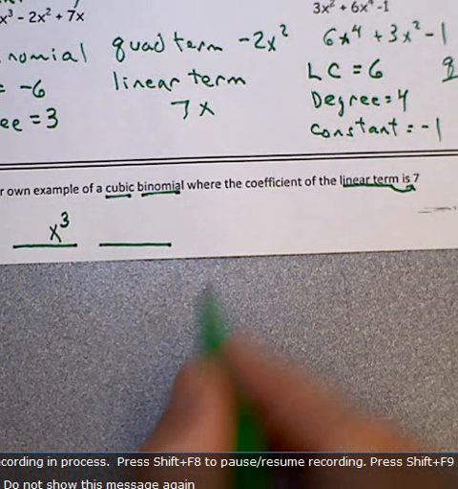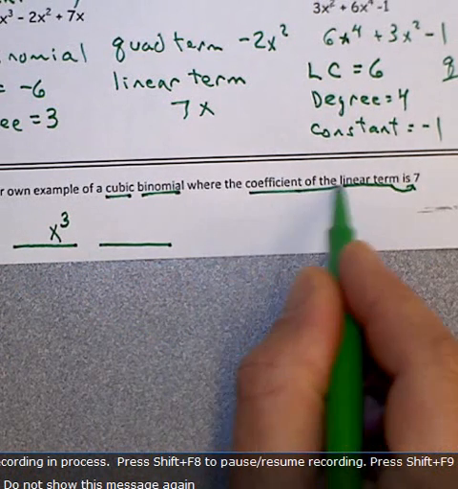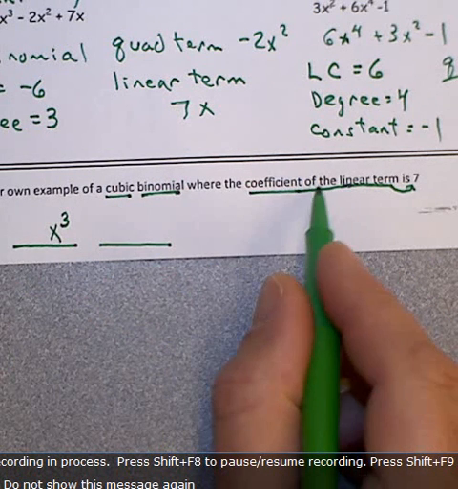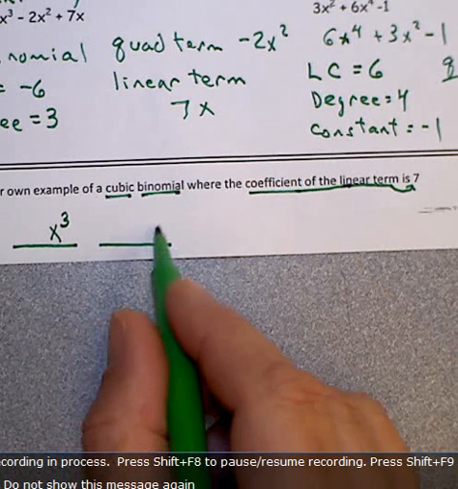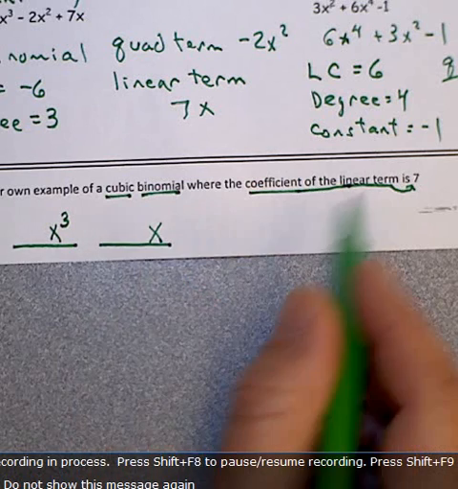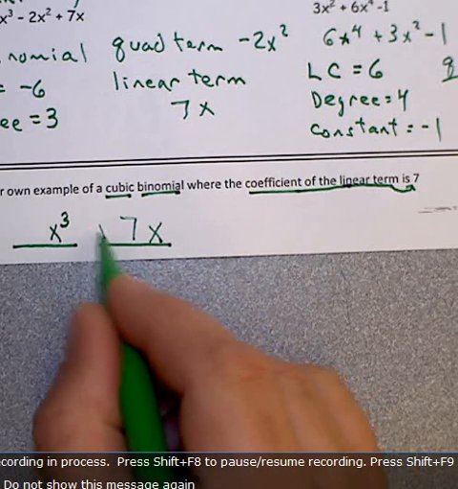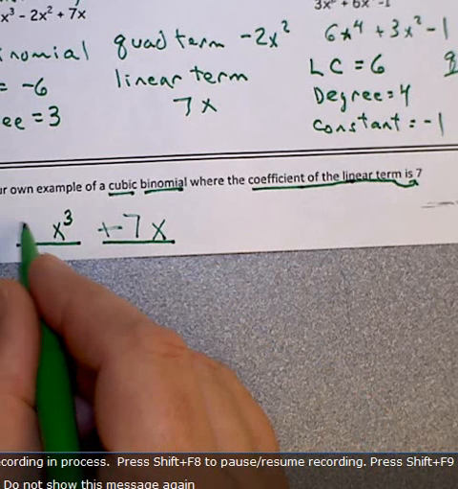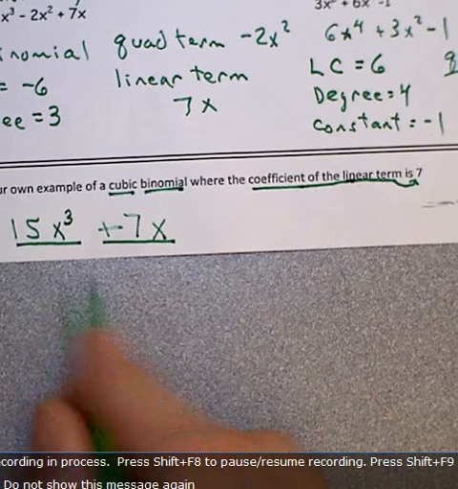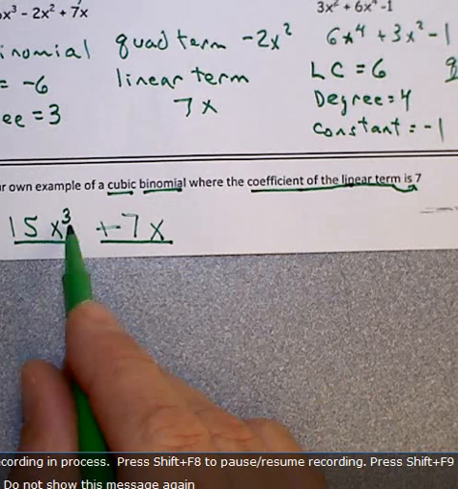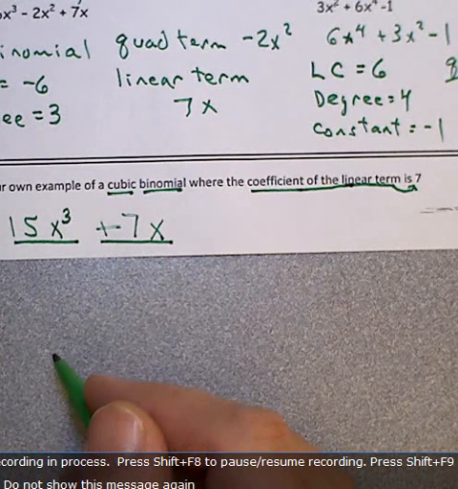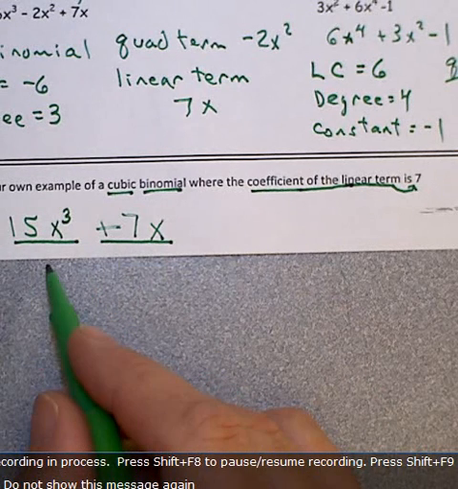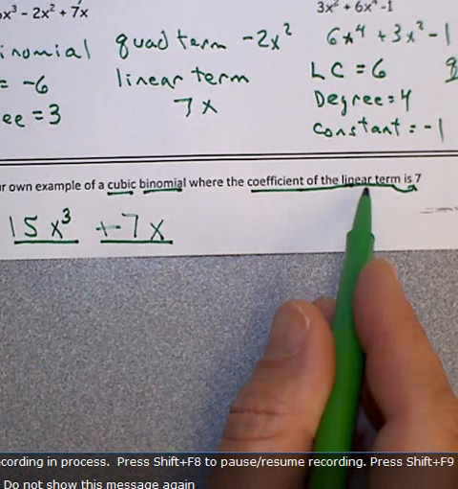And the coefficient, the first number of the linear term, so this is linear, it must just be an x, and it has to have a coefficient of 7. Now, I could put whatever number I want here. Maybe I'll put 15. Could put anything. But 15x cubed plus 7x would be an example of a cubic binomial with a linear term having a coefficient of 7.